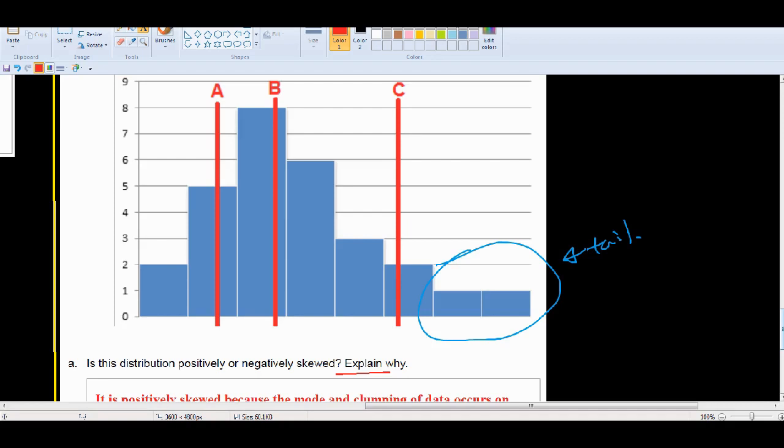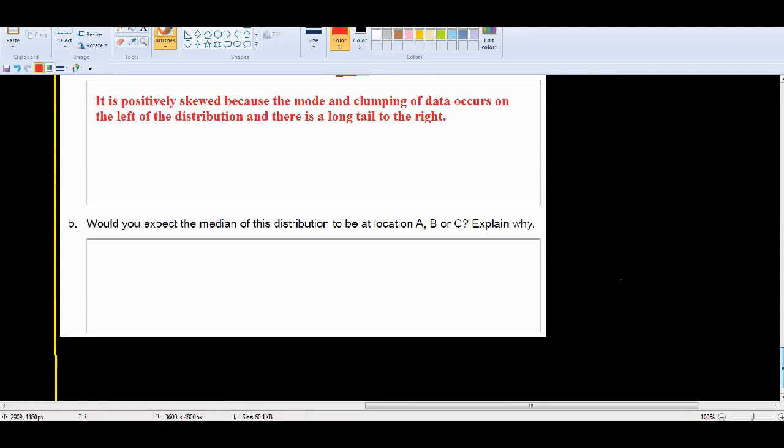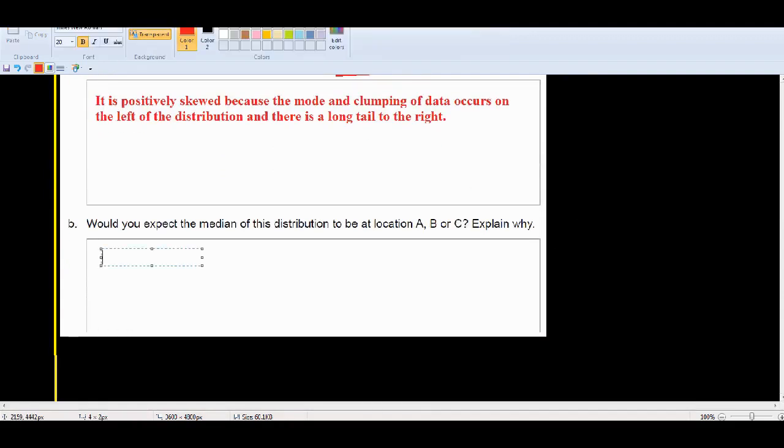Of course C is not the option because it's far to the right. How about A? A is not at the center of that group of data, it is a bit to the left. So I think B will be the suitable answer, so we'll say that B is the answer.